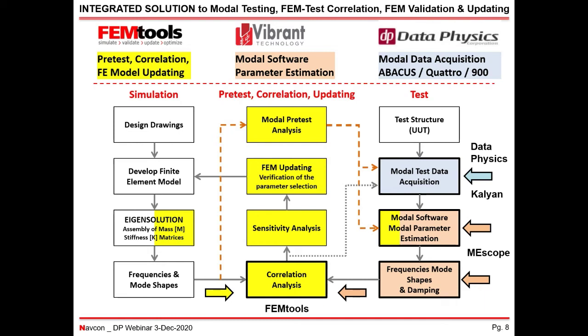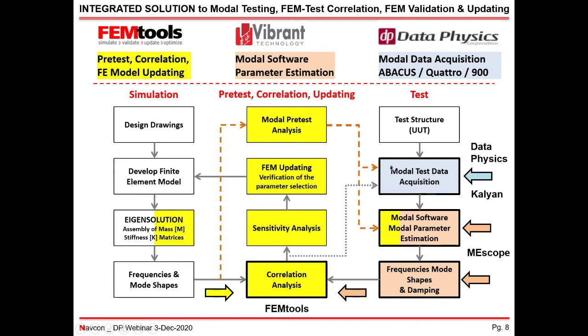If we're going to suspend a structure, where should we suspend it from so that we don't affect or alter the modes of vibration? If we're doing a fixed boundary condition modal test, we can assess that fixed boundary condition too. And the output of that pretest analysis is actually a modal test model geometry, and that gets imported into the modal software. And we use that model geometry during the modal data acquisition here.